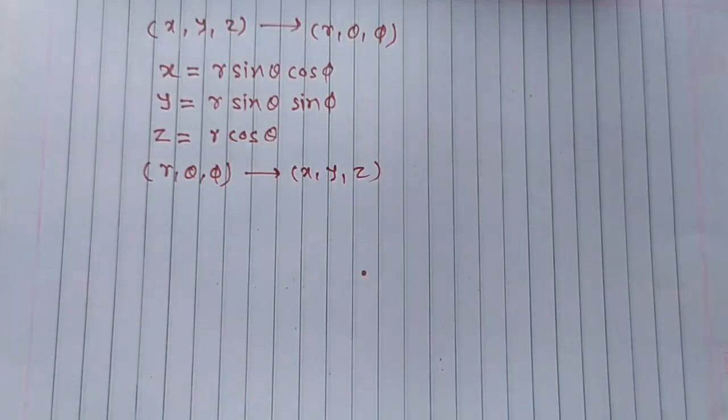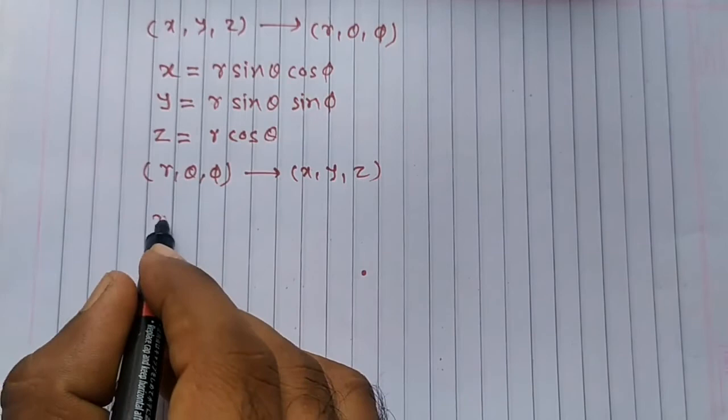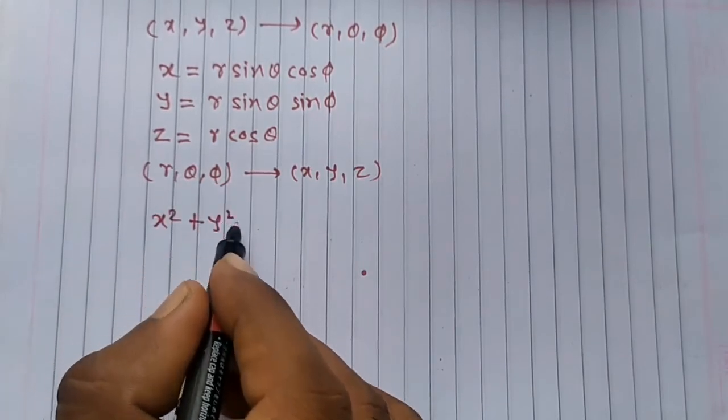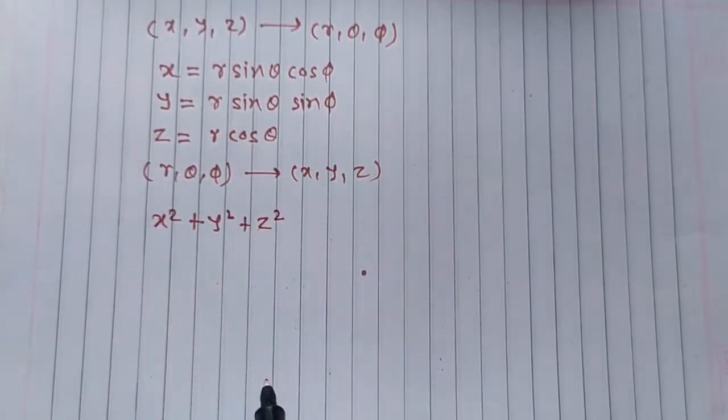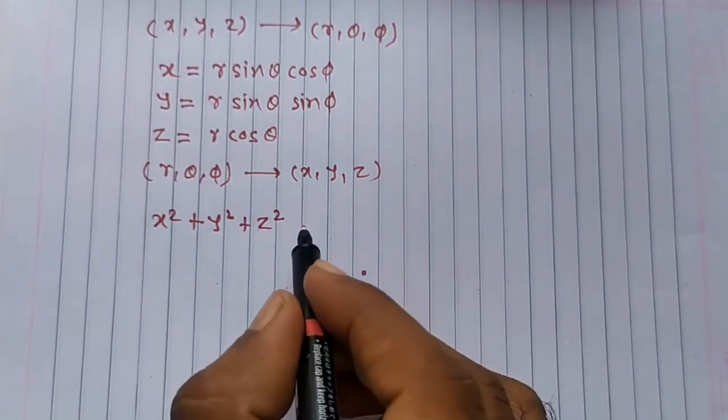So basically I want to find the relationship between the r coordinate and x, y, z, the theta coordinate and x, y, z, and the phi coordinate and x, y, z. Okay, so what I will do, I will take x square, y square, and z square and add them.